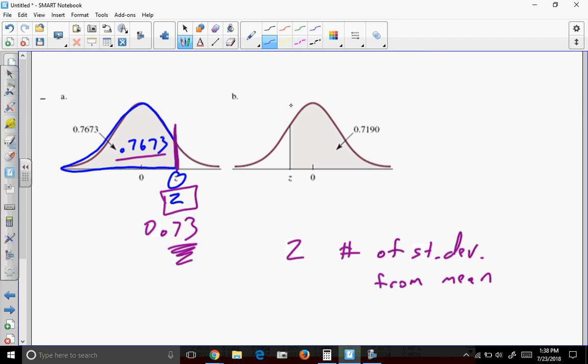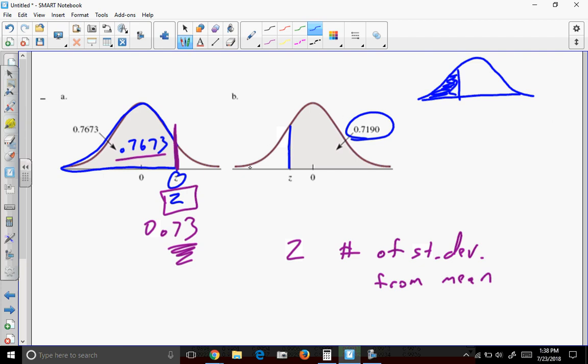Now if we go to the next one, we're looking for the z value that has an area of 0.7190 to the right of it. One problem is our table gives us z values and the area to the left of that particular z value. It doesn't give us area to the right.